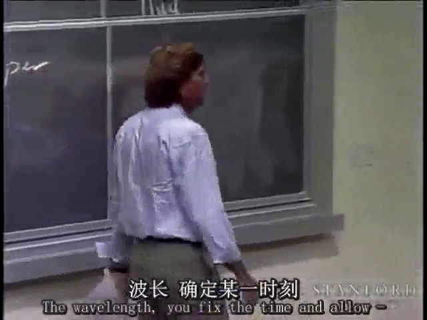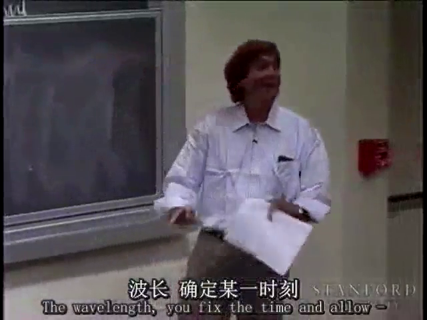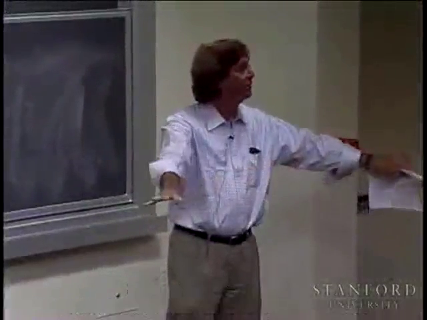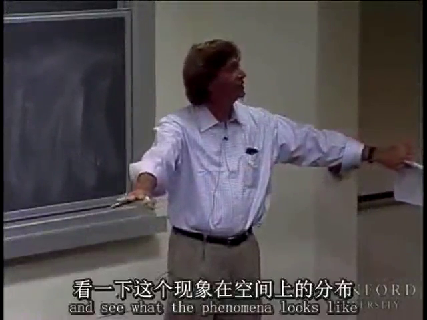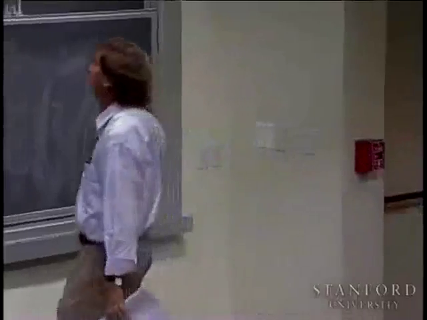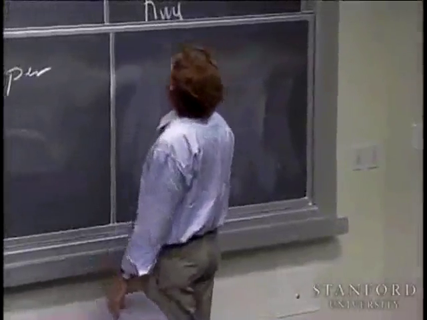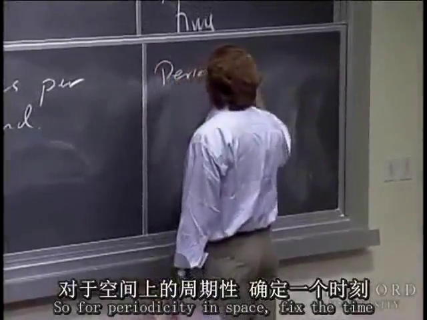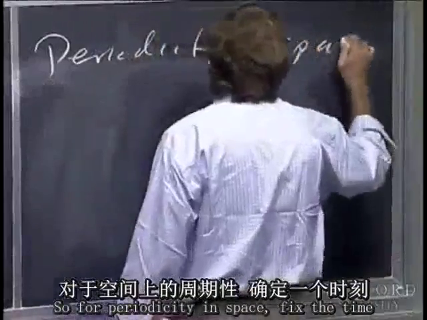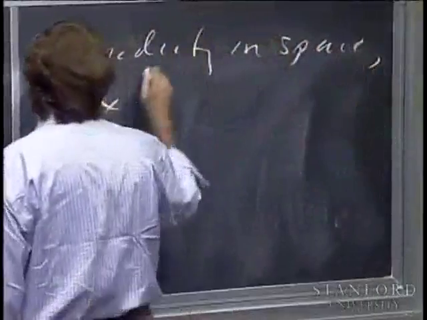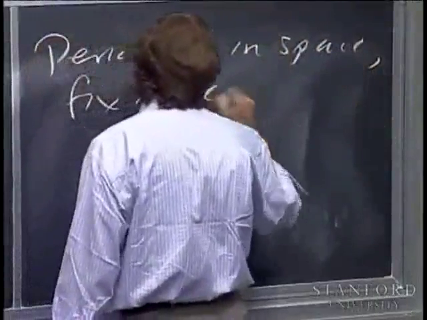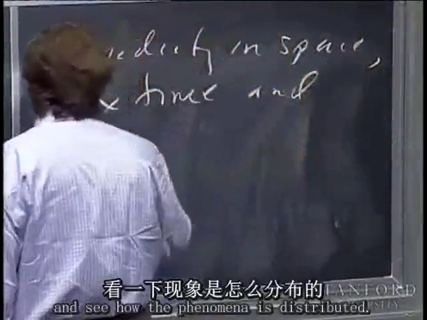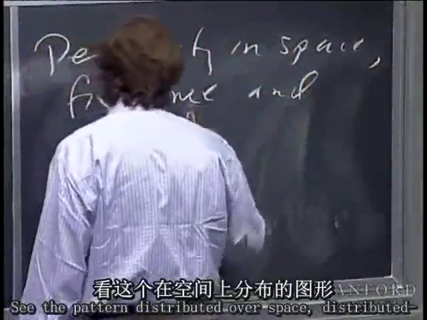The wavelength: you fix the time and see what the phenomenon looks like distributed over space. So for periodicity in space, fix the time and see the pattern distributed over space.